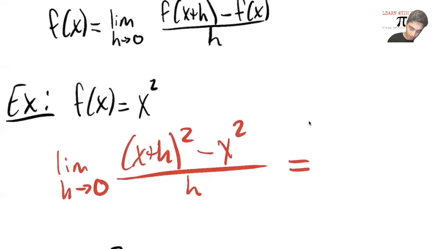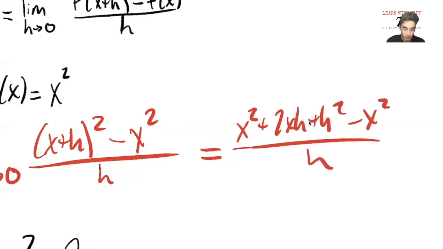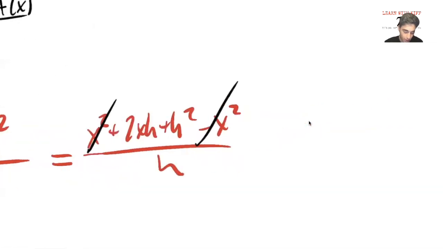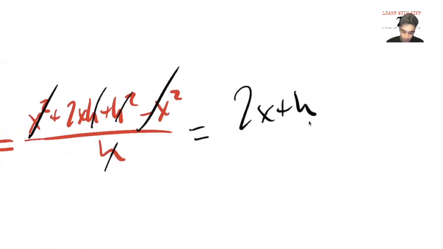So now taking this a step further, we have x squared plus 2xh plus h squared, minus x squared, over h. So I just simply FOILed there. We can see that these two cancel out, because it's just x squared minus x squared, that'll equal 0. So then if we divide by h, we have 2x plus h.